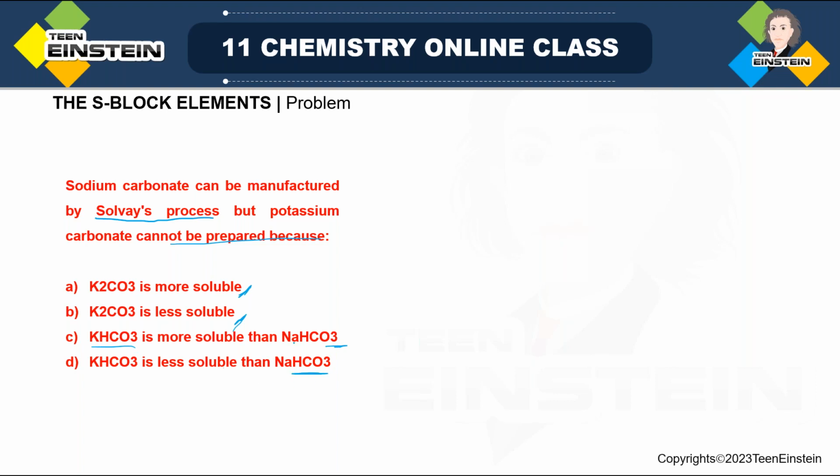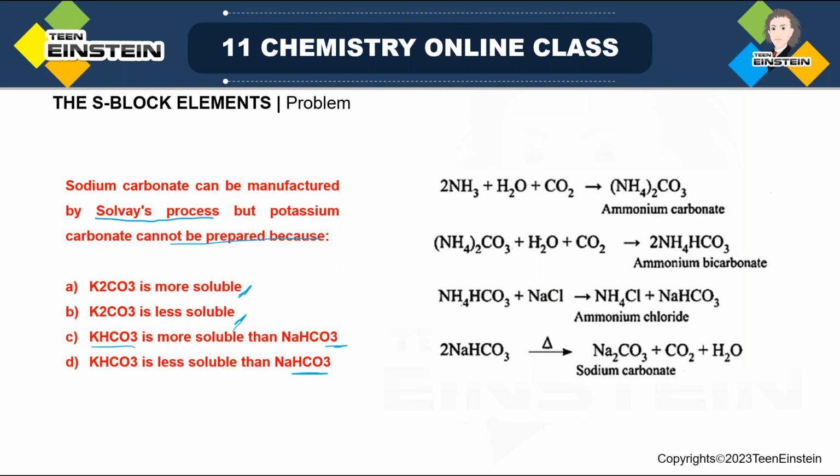Now again we will see all the reactions. This we have already seen during the discussion of the Solvay process. Remember, there are a total of 4 steps we have seen. Now specifically in the third step, there is formation of NaHCO3. It has very little solubility in water. As a result, you can get a precipitate. You can filter it out and use it after filtration.